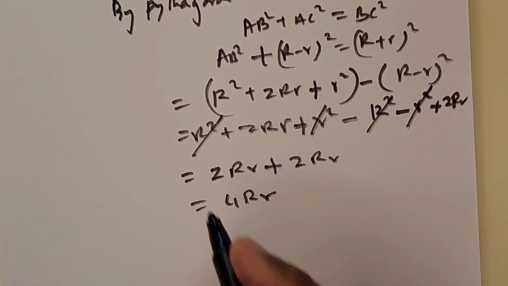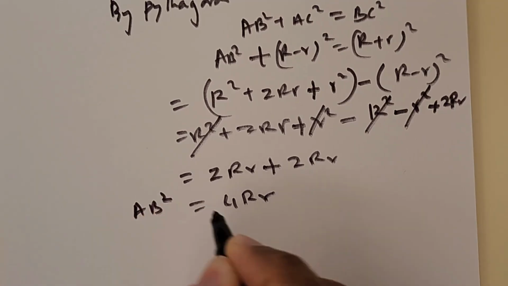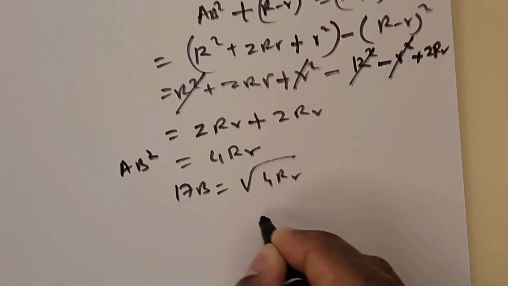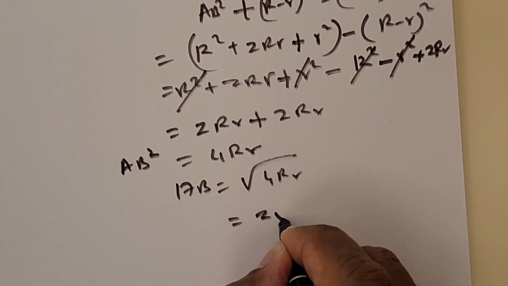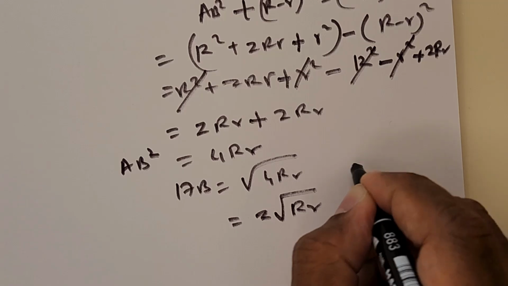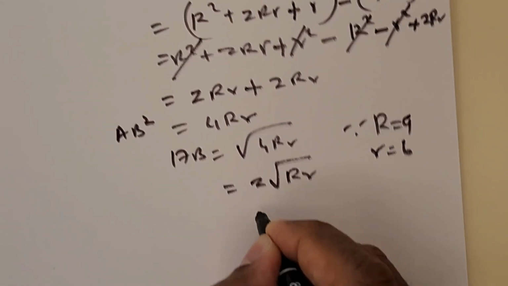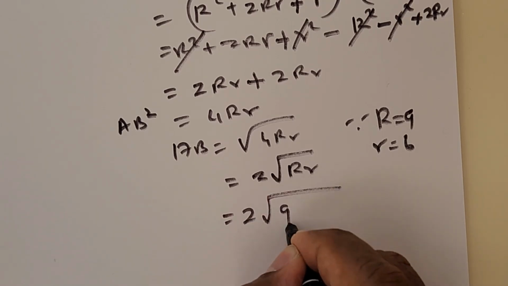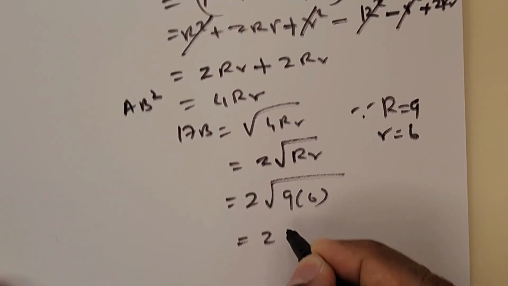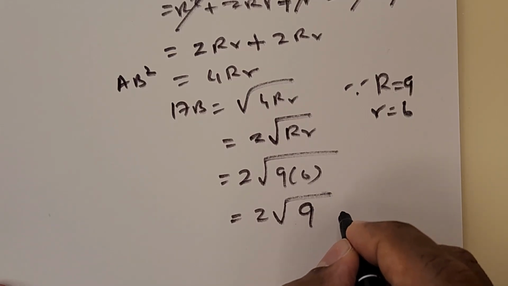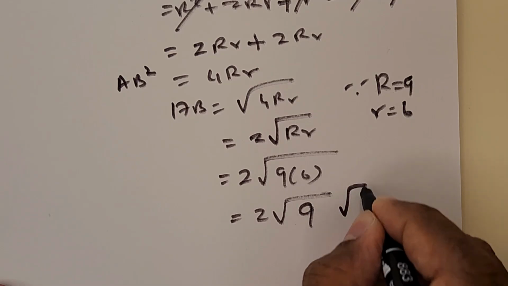Okay. Now what is this? This is my AB squared. So AB is equal to square root of 4Rr, which is nothing but 2 times root of Rr. Now since R is equal to 9 units, small r is equal to 6 units, so it's going to be 2 times the root of 9 into 6, which is 2 times the root of 9, times root of 6.